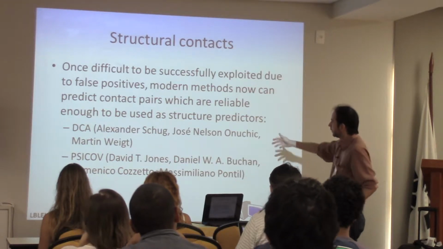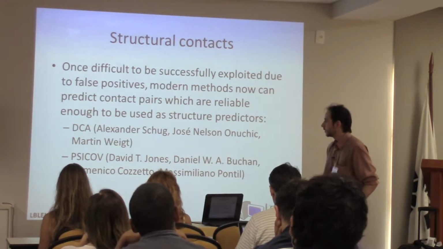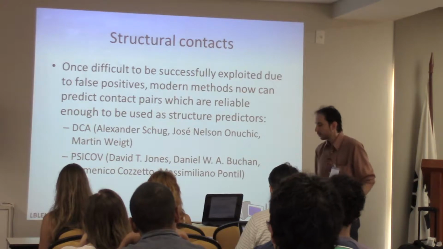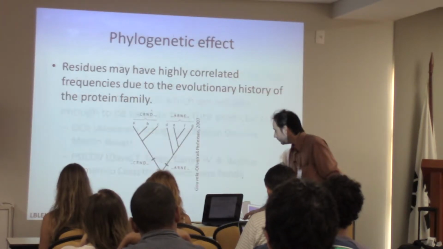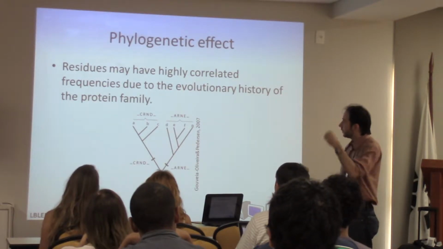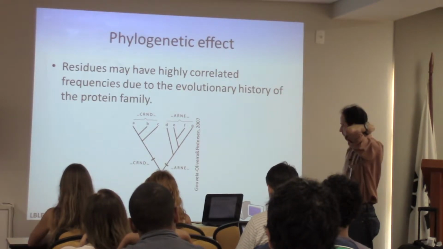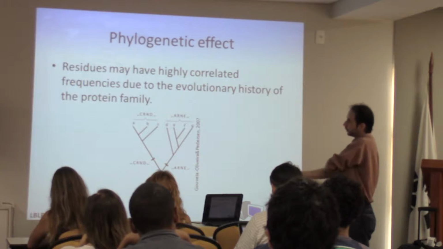There is DCA, which Ricardo discussed, and PsyCov, which is another method which uses this information to find contacts.